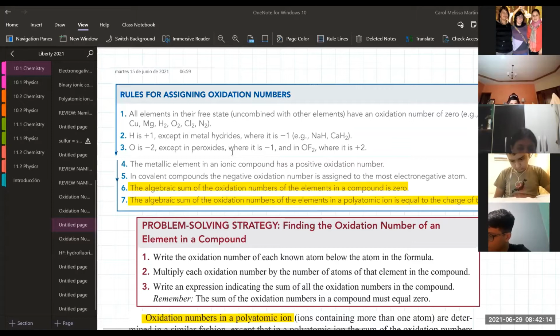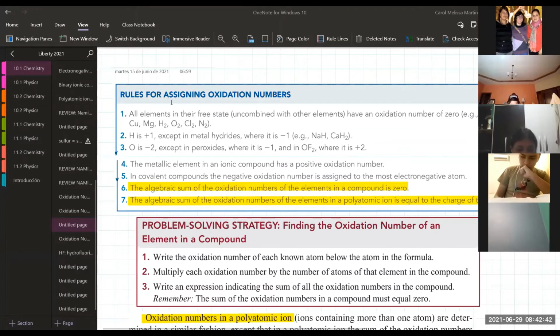In covalent compounds, which means at least two nonmetals, the negative oxidation number is assigned to the most electronegative atom. Then the algebraic sum of the oxidation numbers in a compound is 0, and when it is a polyatomic ion or an ion, it is going to be equal to the charge.